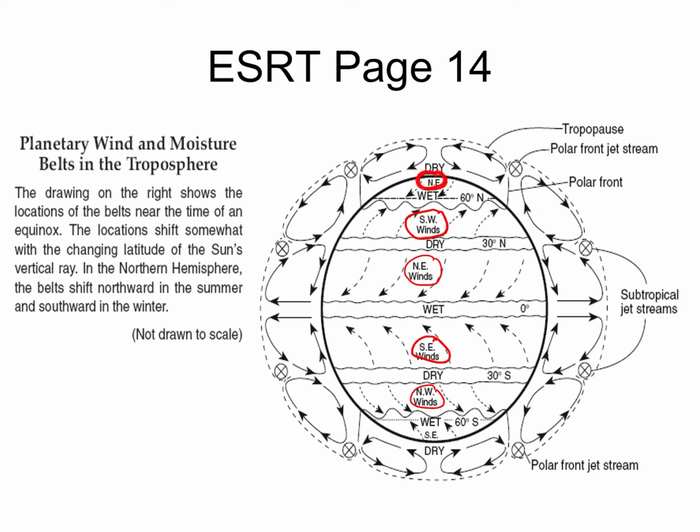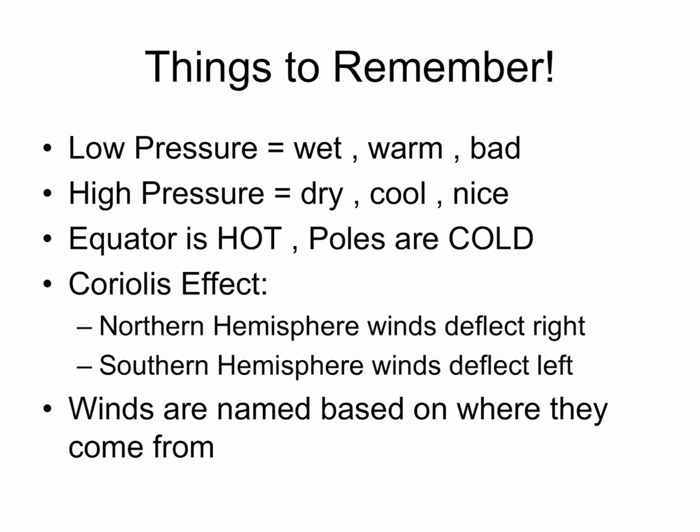It gives you general climates, so dry versus wet, dry, wet, dry, wet, dry. You got some of these convection currents on the outsides. These are your planetary wind belts and jet streams and stuff like that. Now we're going to dissect this a little bit. So these are what you have to remember.